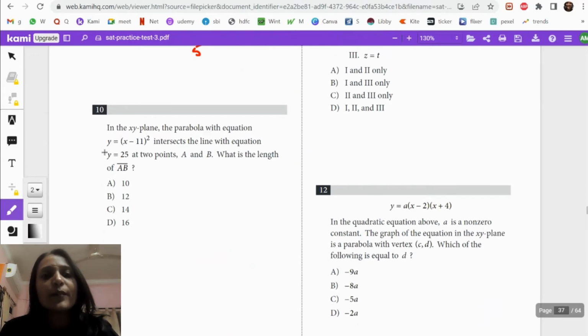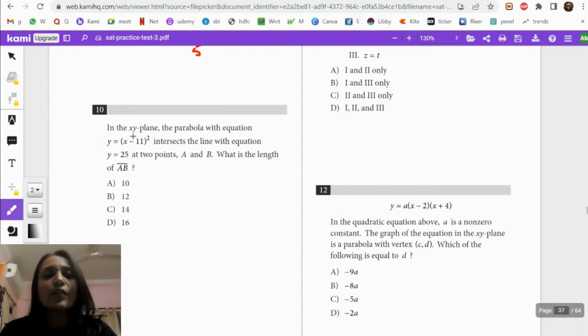Let's move to the next question. In the xy plane, the parabola with the equation y is equal to (x minus 11) whole square intersects with the line y is equal to 25 at 2 points, A and B. What is the length of AB? So here this is a parabola and it is intersecting with this at y is equal to 25.